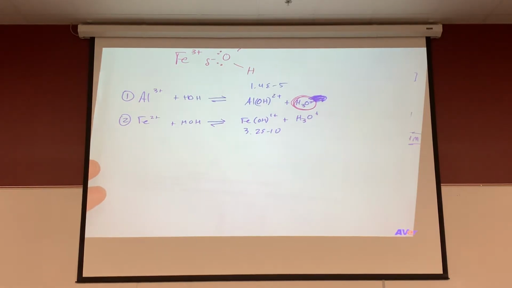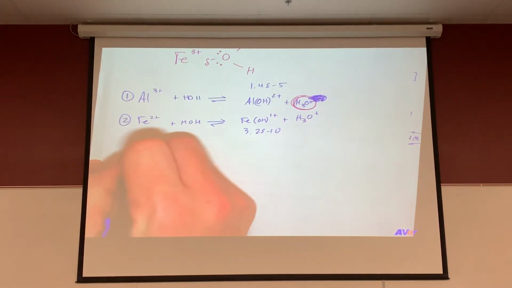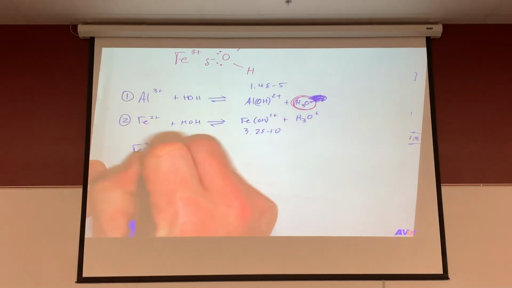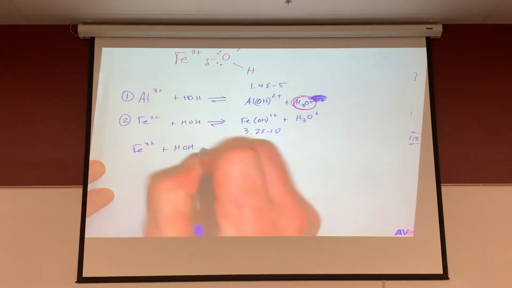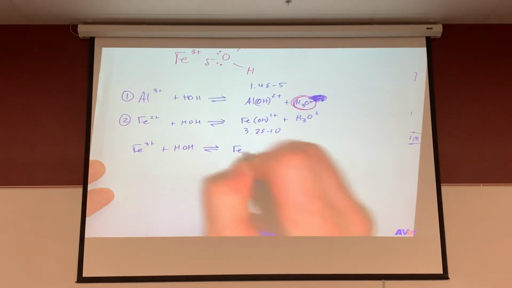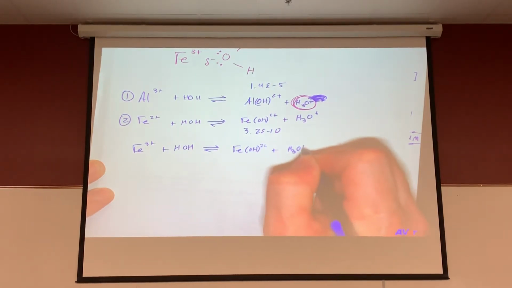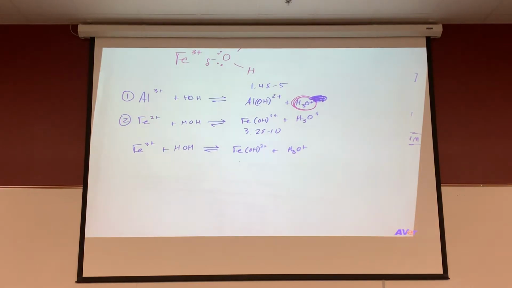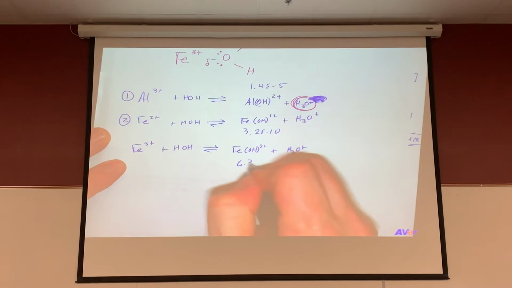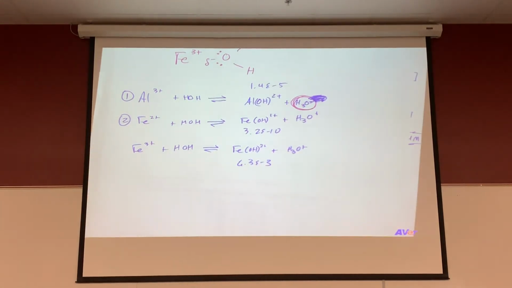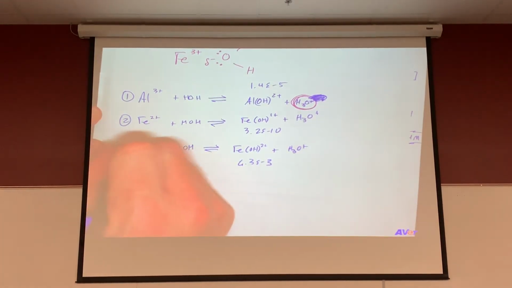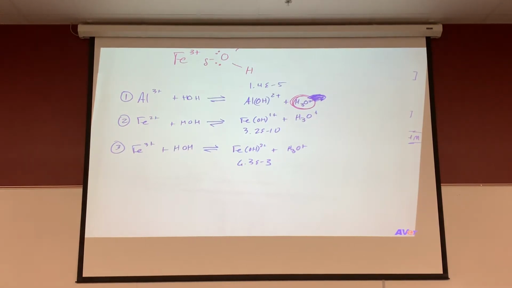You had iron 3 plus up here doing the same thing. So of these three, 1, 2, or 3, looking at the Ka values, which one's the strongest acid from that point of view? 3.